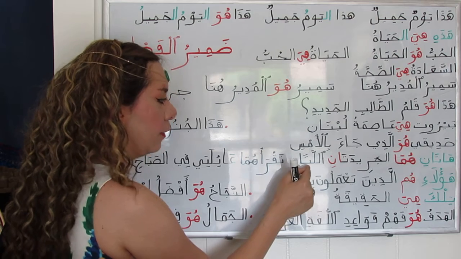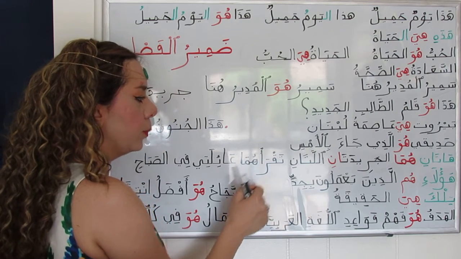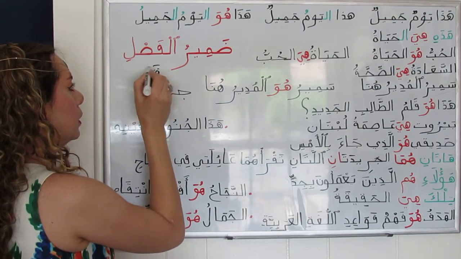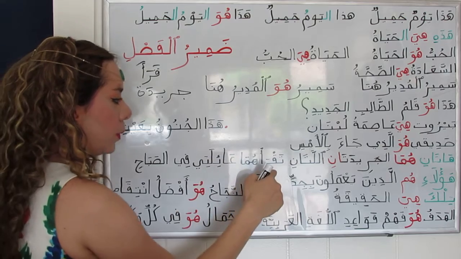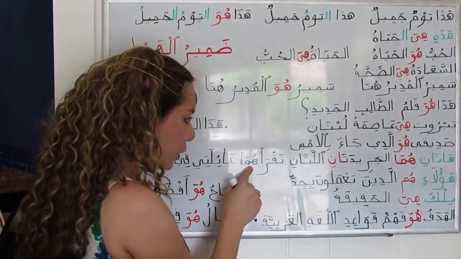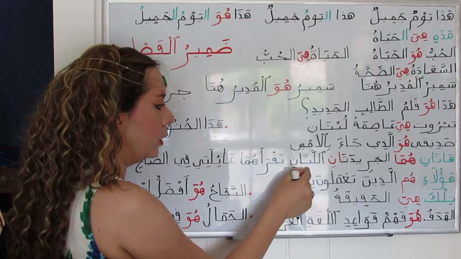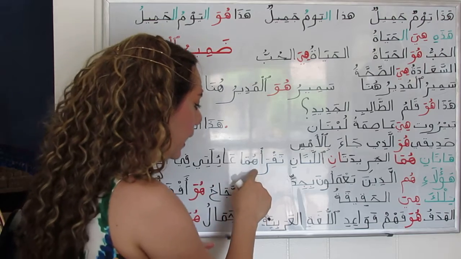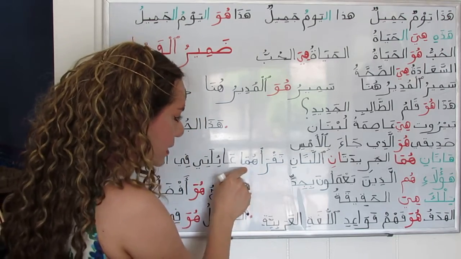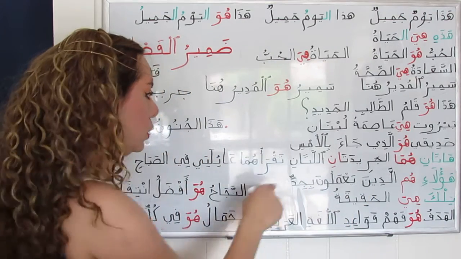Reads. Here after اللتان we have the verb قرأ, to read. قرأ, conjugated in the present tense with a suffix huma. It's a returner. When you have the relative pronoun, you need a returner, which is that suffix referring to the subject.